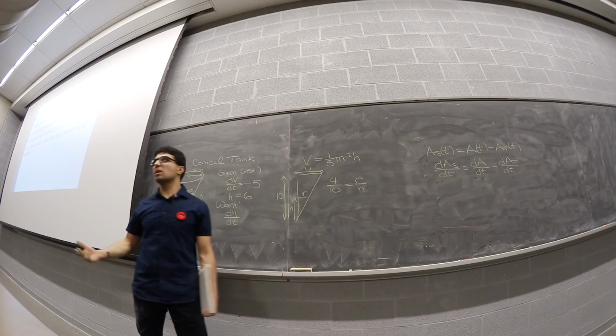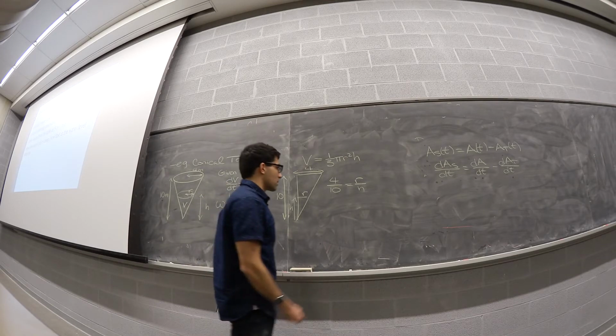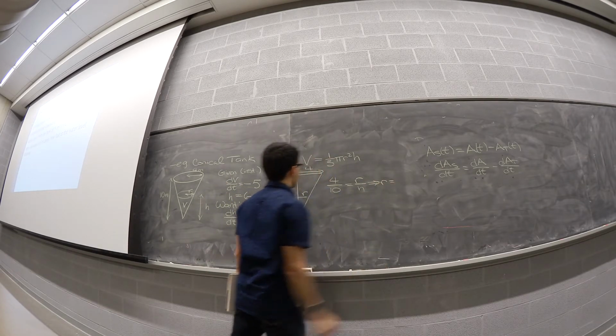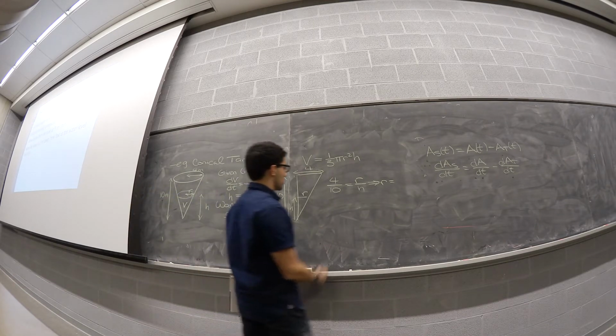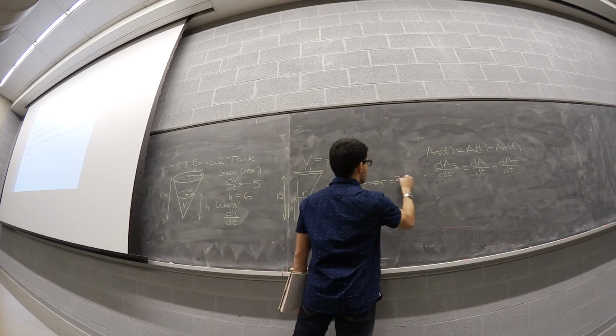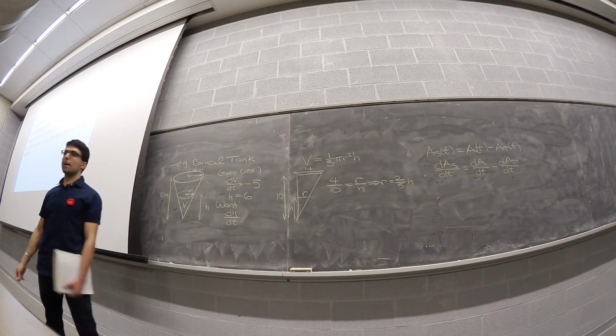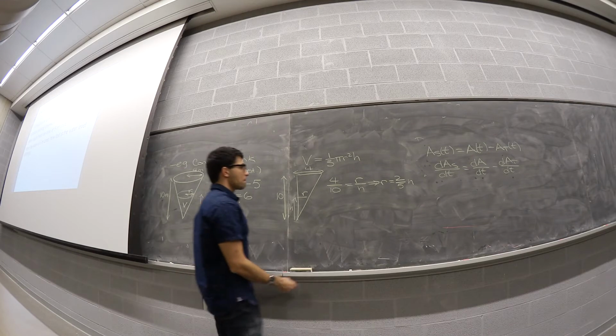What are we trying to do? We're trying to eliminate r, because it's a nuisance. So what do we get out of this? r is equal to 2/5 of h. And then we can throw that in there.